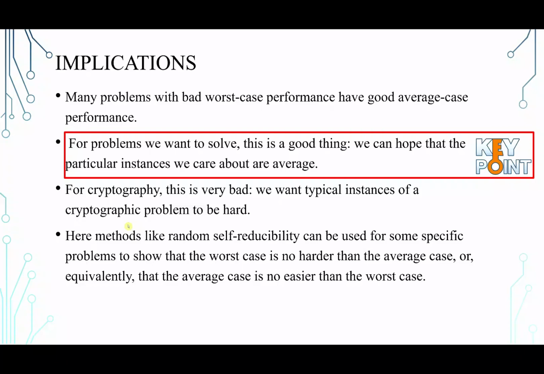We can hope that the particular instances we care about are average, not worst, and remember that we are not reporting the best usually, because we don't want to fool ourselves and fool others by saying I have the best case scenario. Usually what I do is I report the worst, but if I know that I rarely see the worst, then I would say, okay, here is the worst, but note, my algorithm usually works around the average.